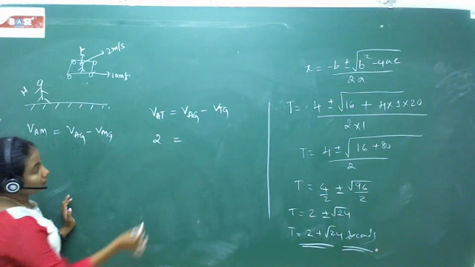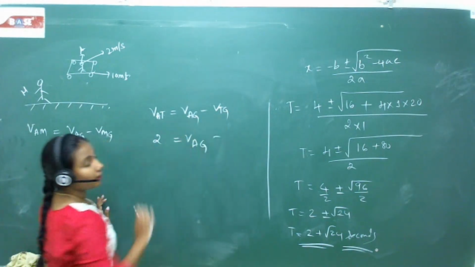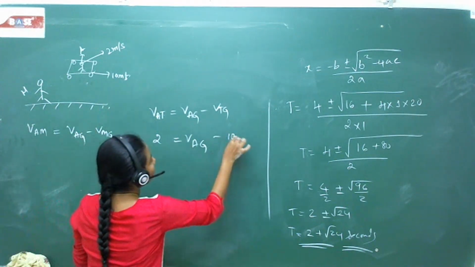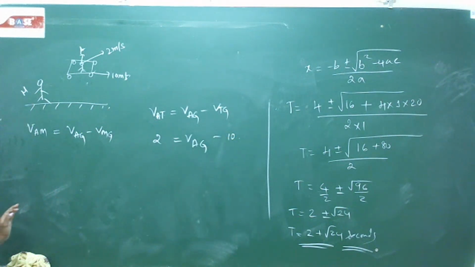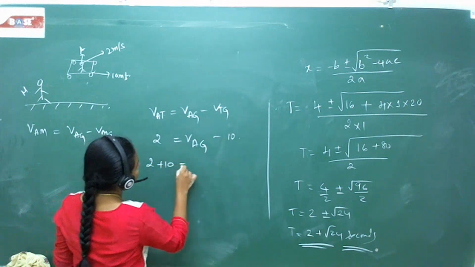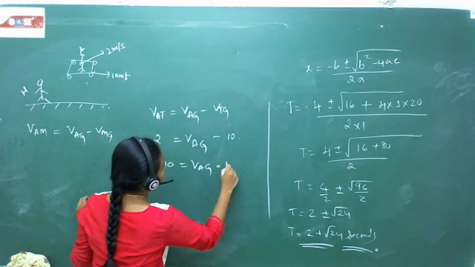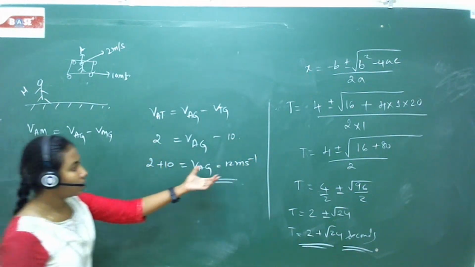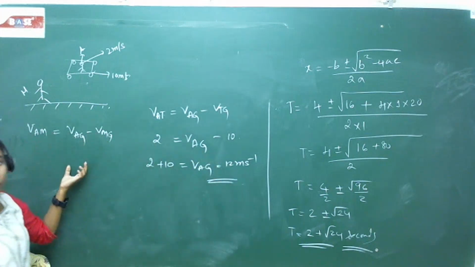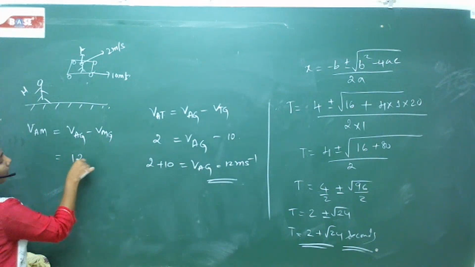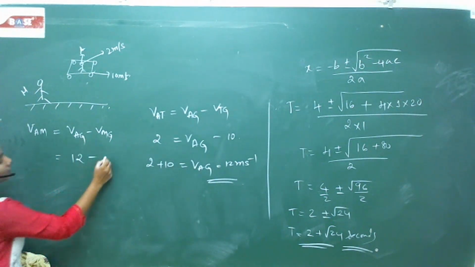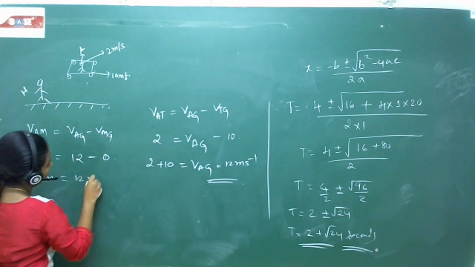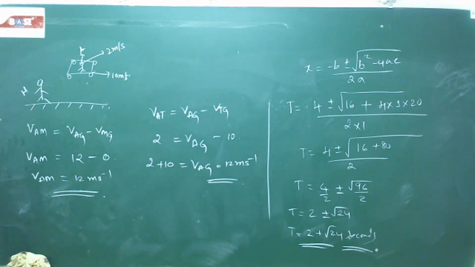VA with respect to ground we don't know, but velocity of trolley with respect to ground is 10 meter per second. From this you can find VA with respect to ground, that is 12 meter per second. Correct. So I can take this 12 meter per second and substitute in this equation. That is 12. But VM with respect to ground is 0. So 12 meter per second is the answer.